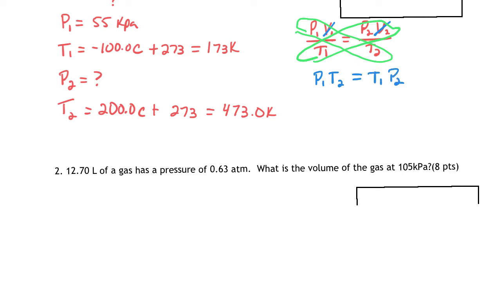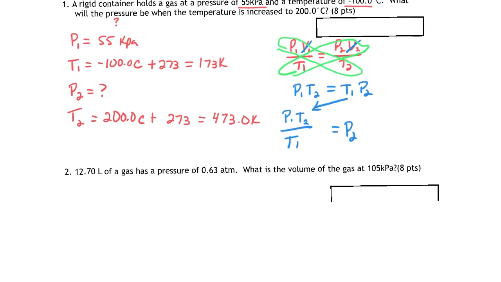Now I'm ready to rearrange this. My unknown is P2, so I'm going to slide that over so P2 is by itself. So P2 will be equal to P1 times T2 over T1. R2D2, C3PO, lots of numbers there.